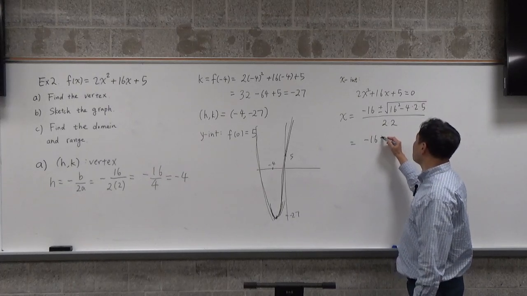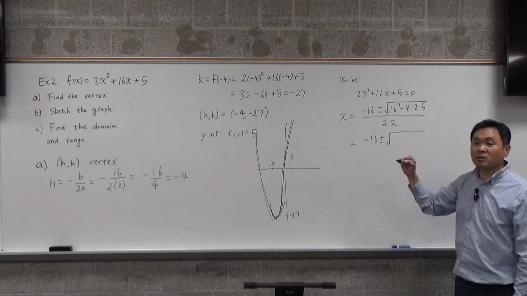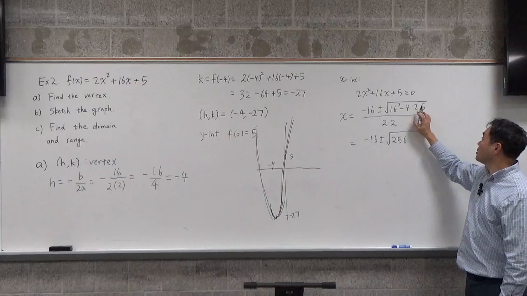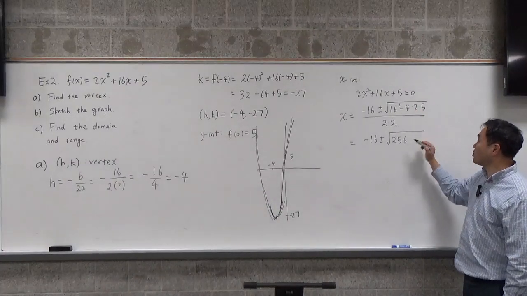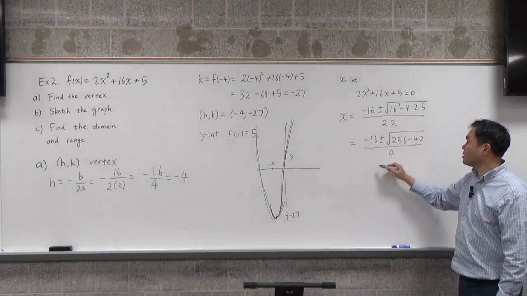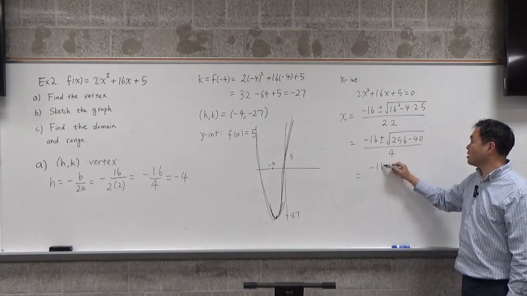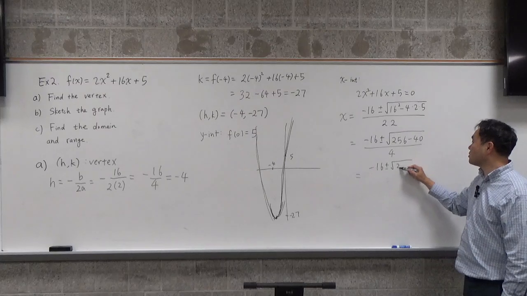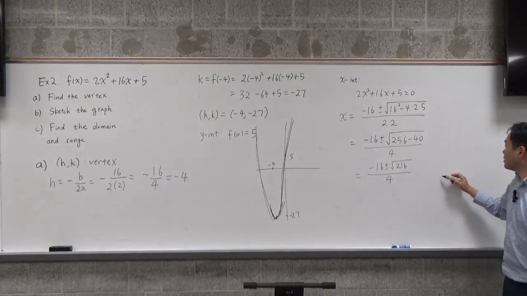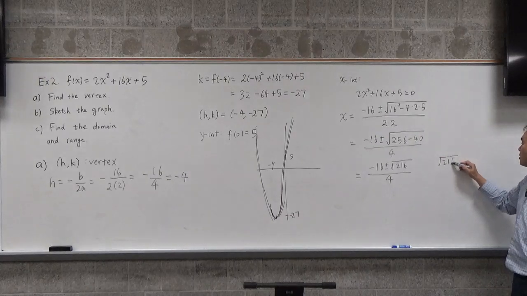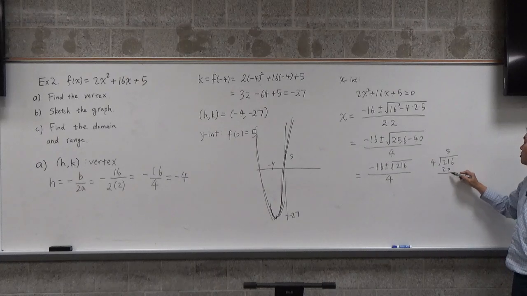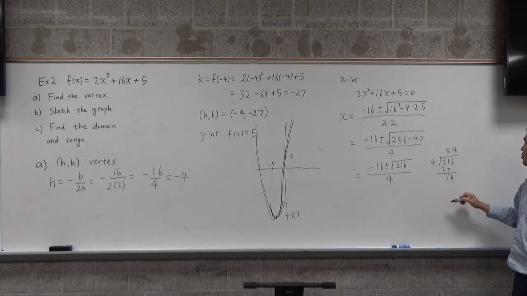That's going to be negative 16 plus or minus, 16 squared is 256. 2 times 5 is 10. 10 times 4 is 40, over 4. And then negative 16 plus or minus the square root of 216. Now 216 is divisible by 4. Let's see, 216 divided by 4 is 5, and then you have 16 left, so it's 54.